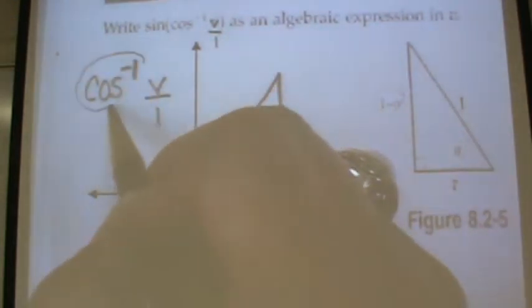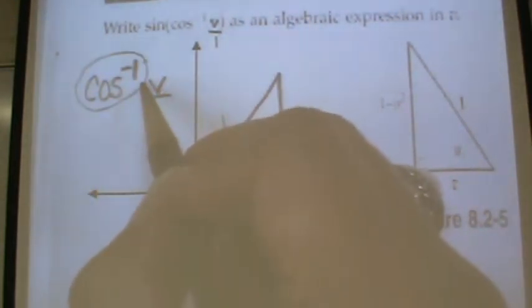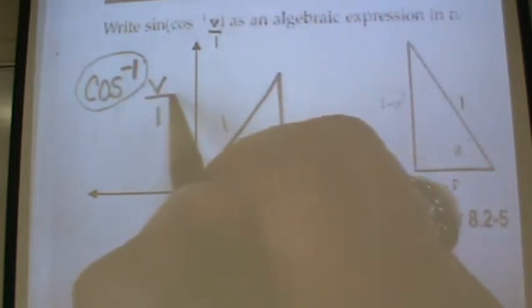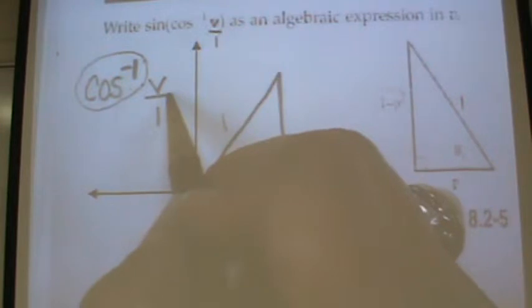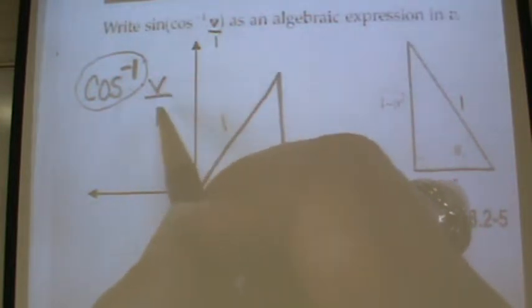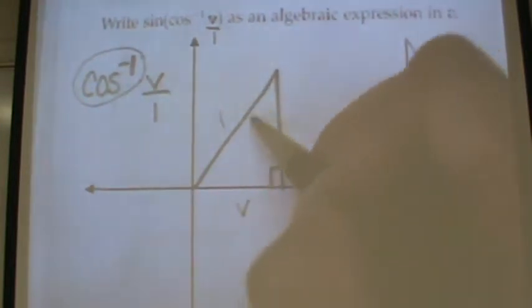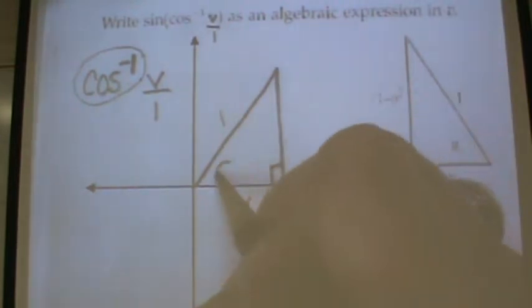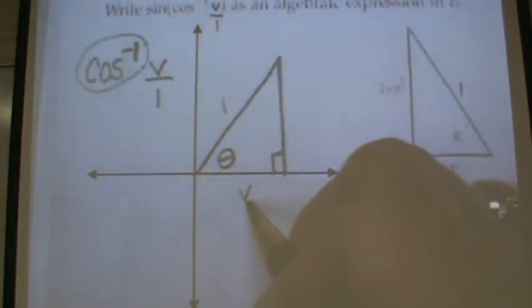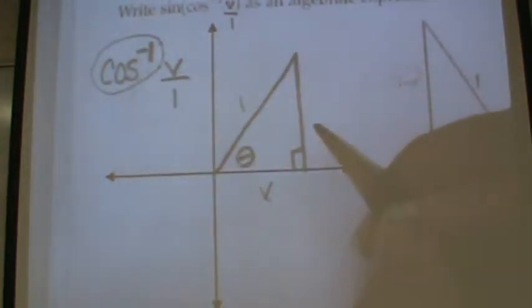So this piece right here tells me that I am in quadrant 1 or 2. And why did I put myself in quadrant 1? Because I see this as a positive v. So I drew my triangle. I am in quadrant 1 right now. The word cosine means adjacent over hypotenuse.